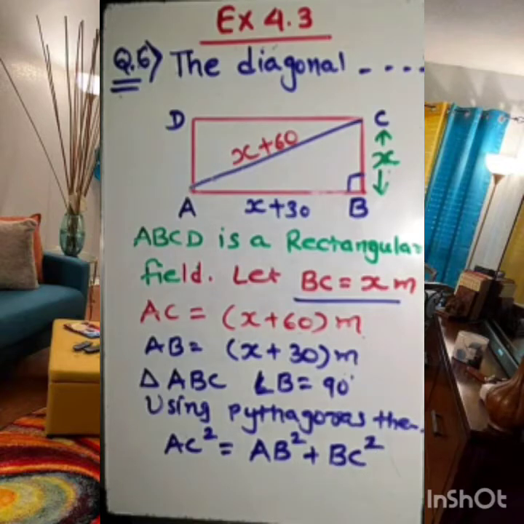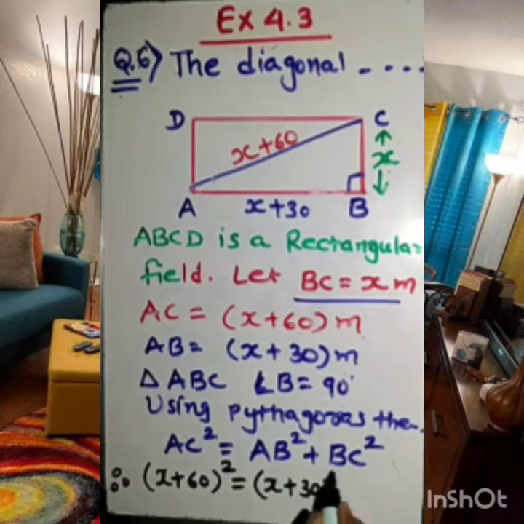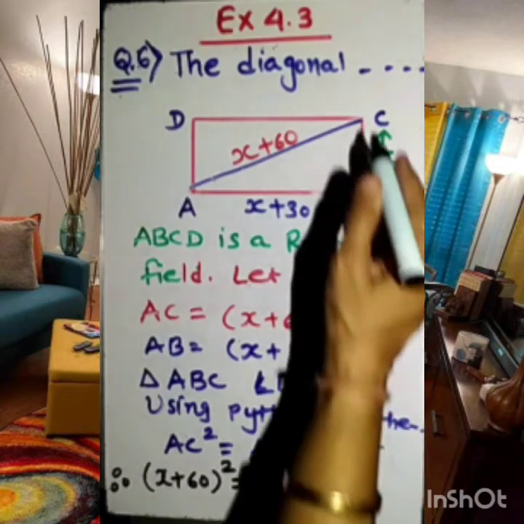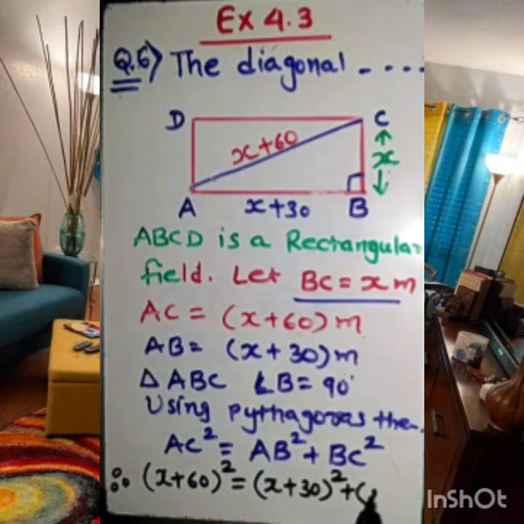So let me put the values here. What is AC? AC is x plus 60 whole square. What is AB? AB is x plus 30 whole square. What is BC? BC is x whole square. Dear student, this is very simple and easy. Nothing to worry about. I am explaining again roughly.